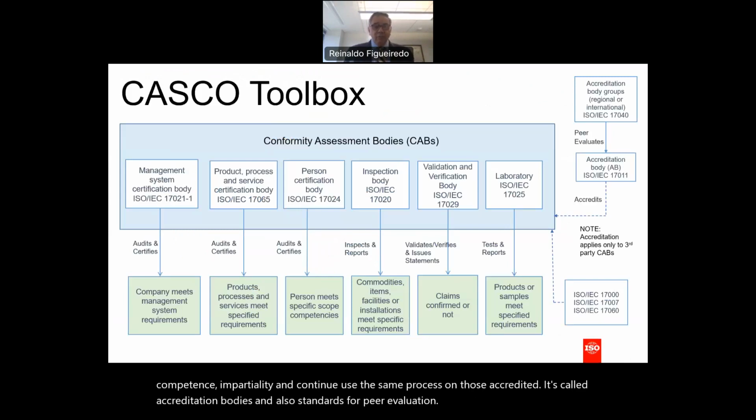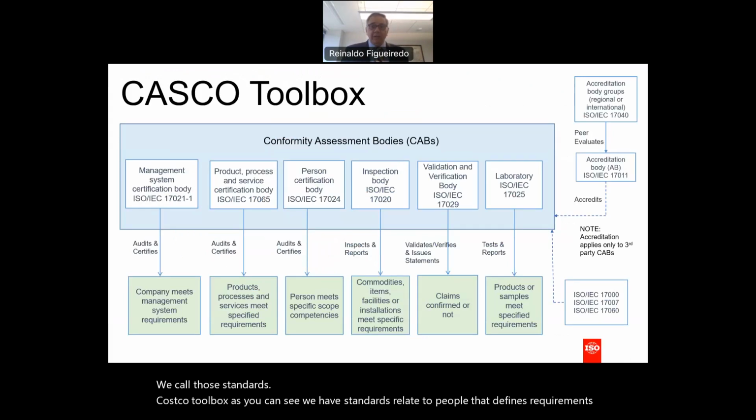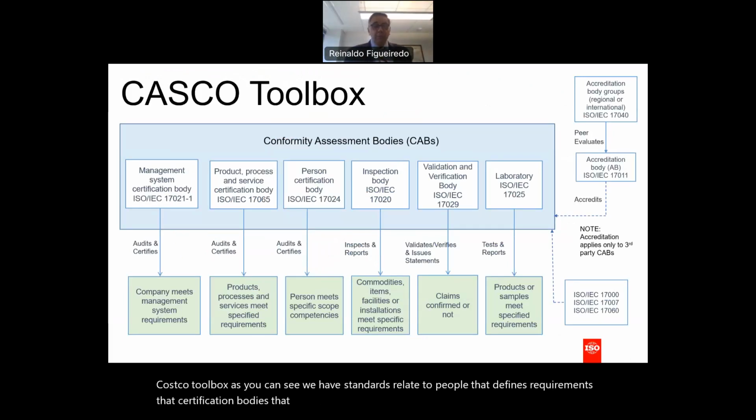Here you have what we call the CASCO Toolbox. All those standards that I mentioned, the 37 standards, we call the CASCO Toolbox. As you can see, we have standards related to people, which define requirements that certification bodies that certify personnel need to have in place in their process: ISO 17024.